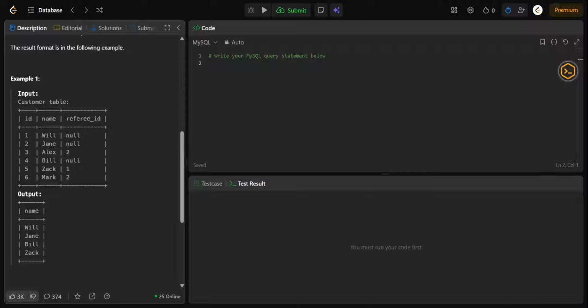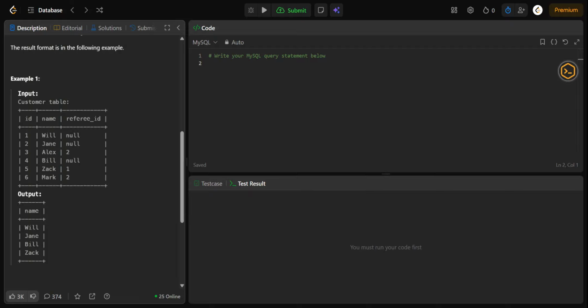The referee ID stores the ID of the customer who referred them. This is the point that you need to understand here.